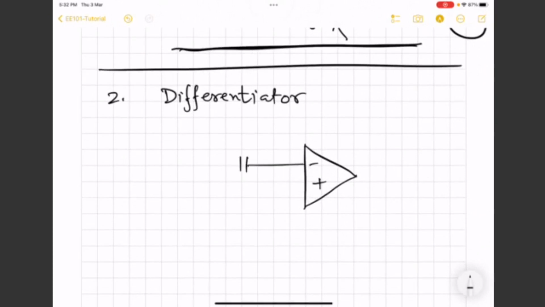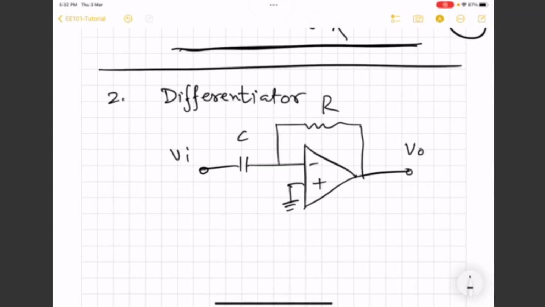Similarly, here if we change the location of R and C, then one finds that the relation between Vi and Vo gets changed, and it will now involve the operation of differentiation.